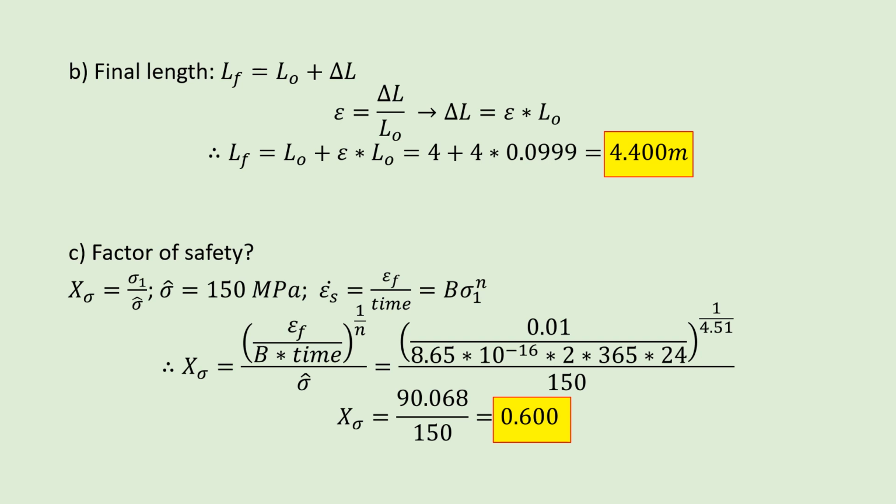And so the factor of safety is equal to the quantity, the final strain divided by B times time, all raised to the 1 over N power, divided by sigma hat. Our final strain, we're using the value of 0.01 because that's what we're designing towards, 1% strain. Again, time is 2 years, and sigma hat is 150, and the constants are from part A. When we do this, we get a factor of safety of 0.6. So, like I said, less than 1, it's going to fail, but it's just good to know how to use these equations.